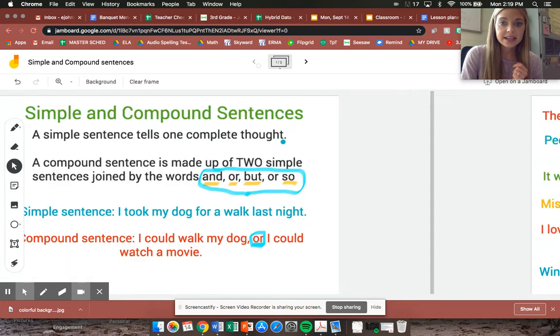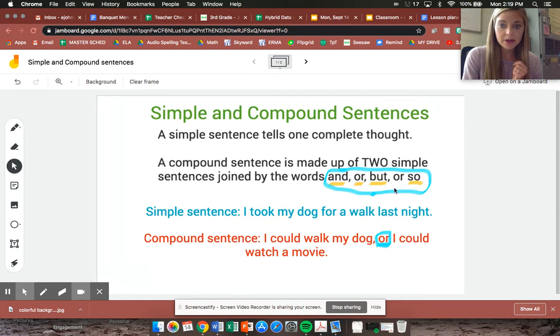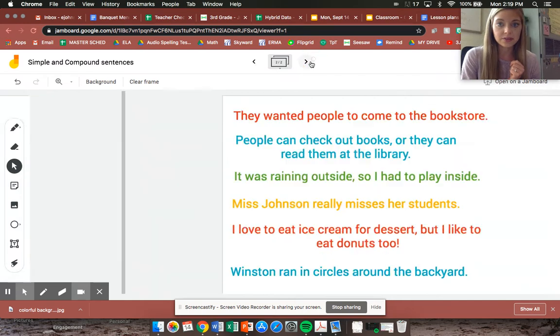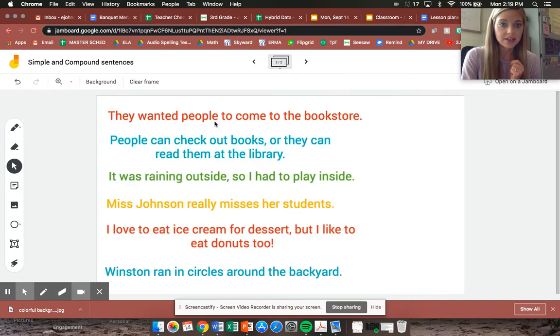Remember, those are our conjunctions, our joining words. It doesn't have one of those words in this sentence. That's just one complete thought. So it's going to be a simple sentence. I'm going to write simple there.